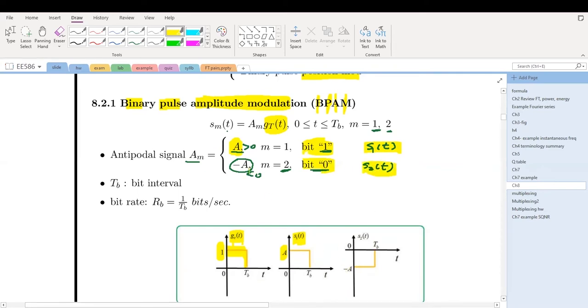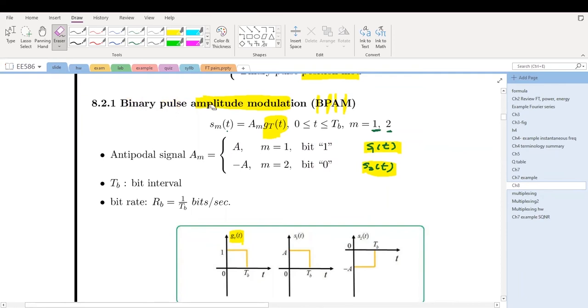The magnitude is minus A multiplied by this g(t), that's minus A. The rectangular changes to the negative portion there.